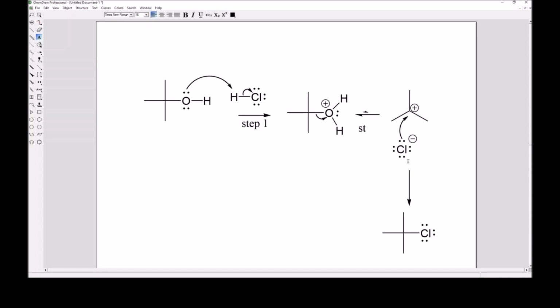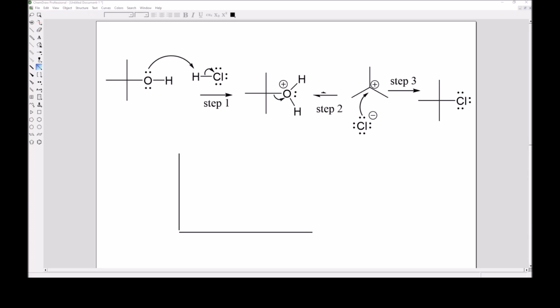This is step 1, and this is step 2, and this over here is step 3. These 3 steps are going to be very similar, even if I change that from a chlorine to a different halogen, and even if I go over here and change around the hydrocarbon portion of this, we still expect for these 3 steps, or something very similar to those 3 steps, to occur.